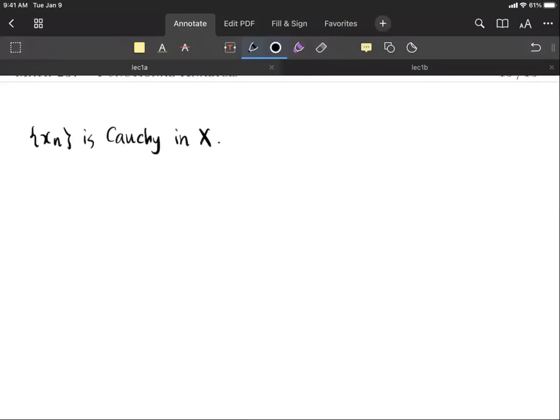And by completeness, this implies that there exists an x, or let us call that x star, such that x sub n converges to x star in X. We claim that this is a fixed point of the function f.